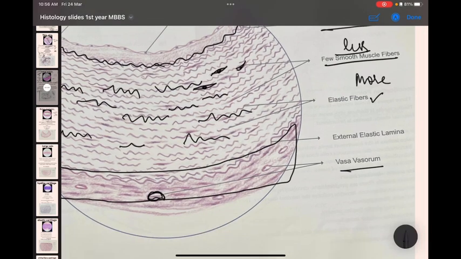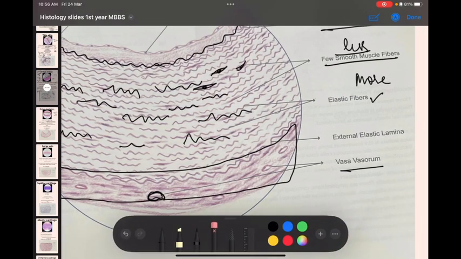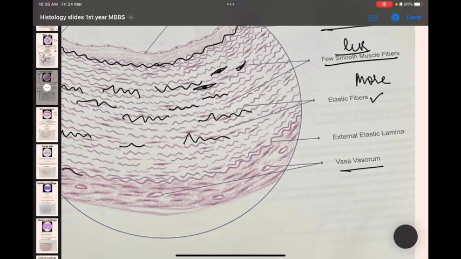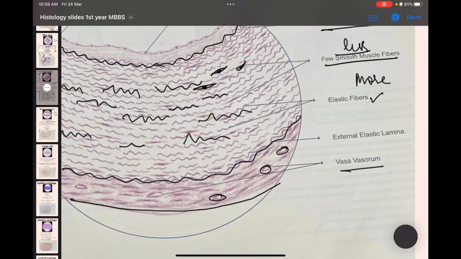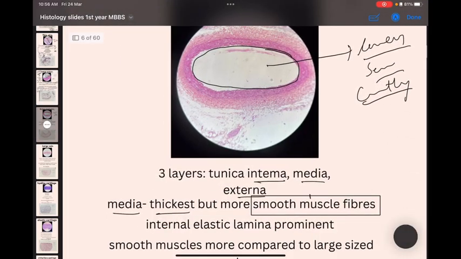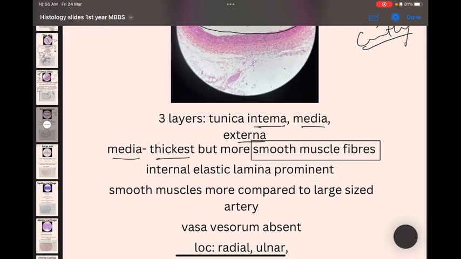Now again similarly we have another limiting layer, the external elastic lamina. Lastly we have adventitia containing vasa vasorum, external elastic lamina. So in the medium sized artery we have a prominent internal elastic lamina.